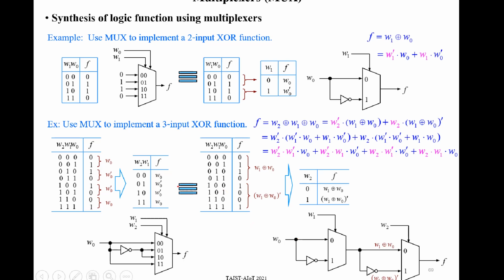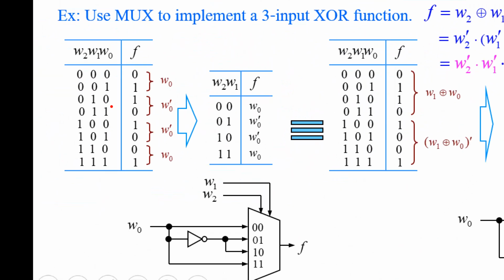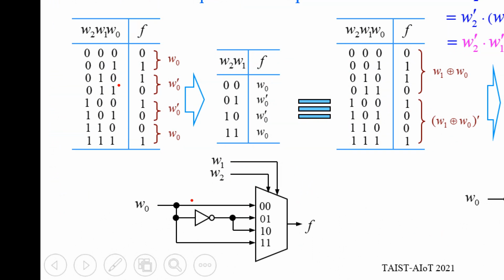And this is an example also. If you select W2, W1 as selector signals, when W2, W1 is 0, 0, the function value is the same as W0. So W0.